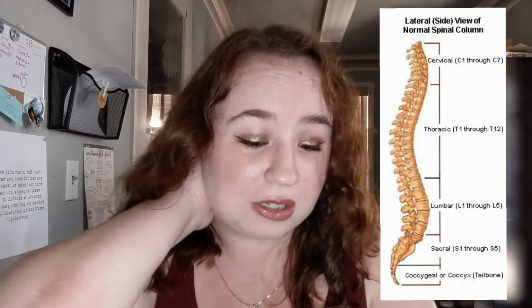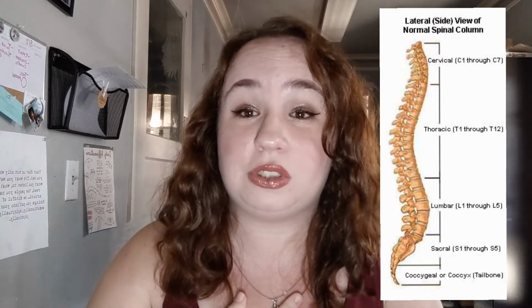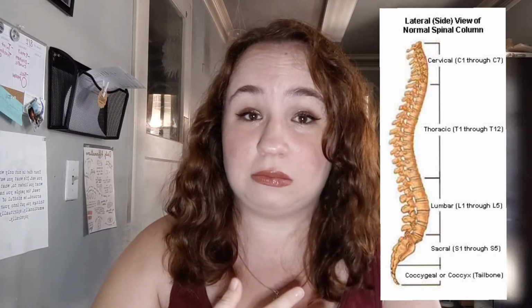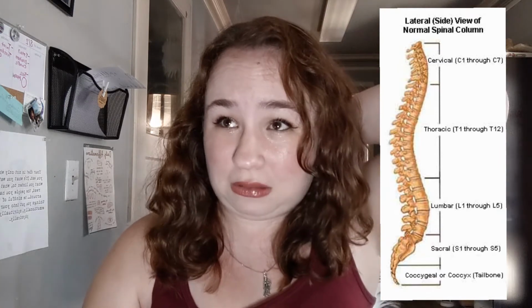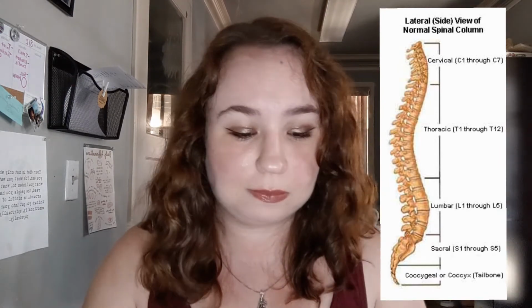And then of course, if you want to get a little more complicated, there are the different areas of your spine where you can have the curves. There's your cervical region, which is the back of your neck; thoracic, which is your chest area, or kind of between your shoulder blades.